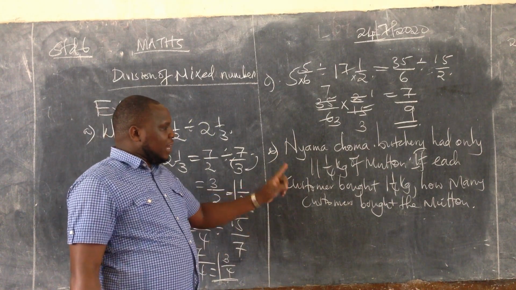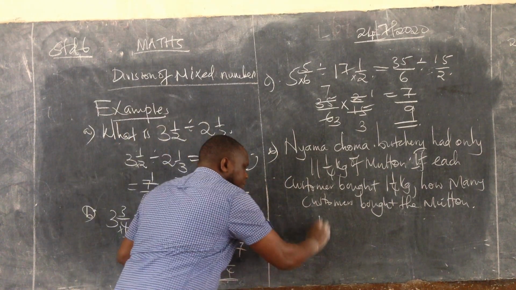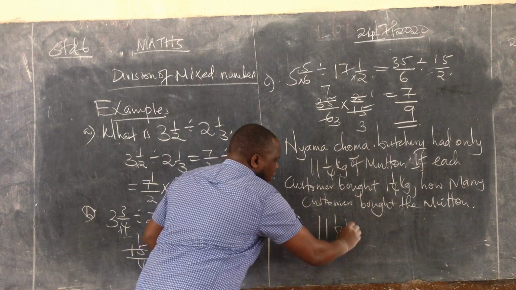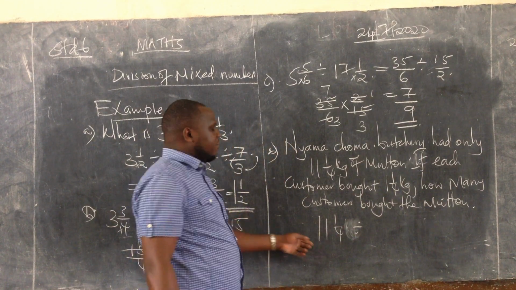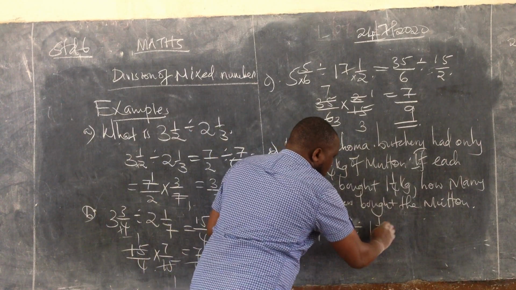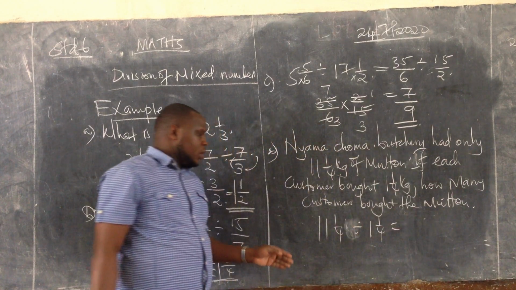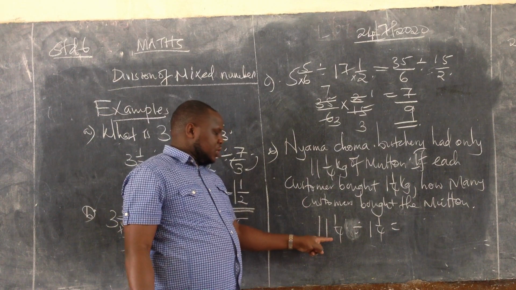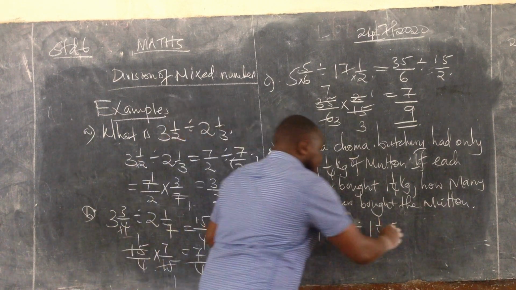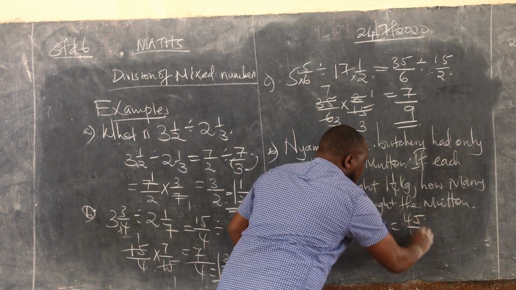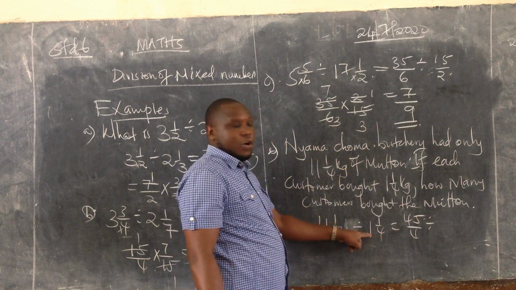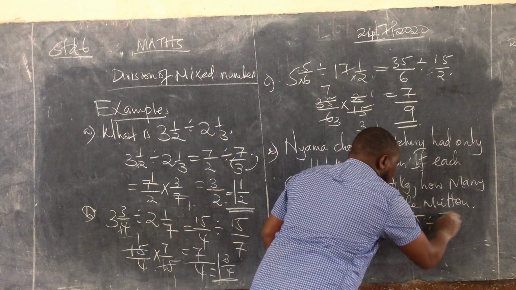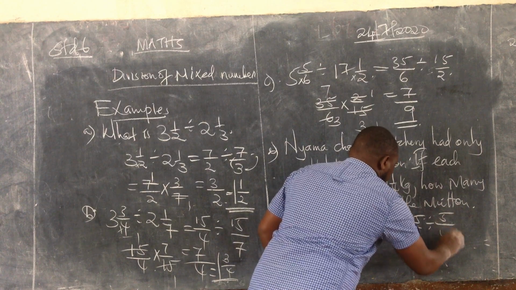So this is 11.25 divided by 1.25. Don't write the kg, just write 11.25 divided by 1.25. So from there, you change this into a fraction, you get 45 over 4 divided by 5 over 4.